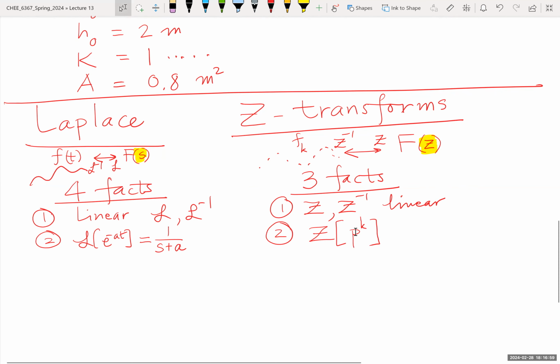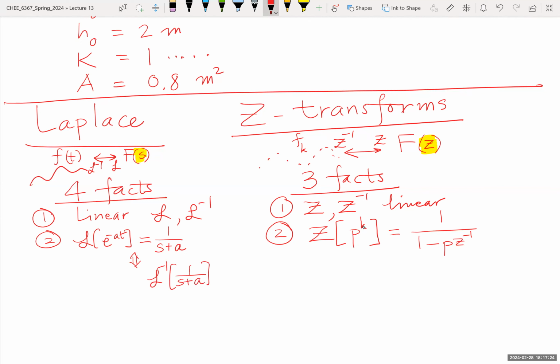So this is P to the 0, P to the first, to the second, third, fourth, fifth power, etc., is equal to, again a fraction, of this form, 1 minus P Z inverse. And of course, this is equivalent to the inverse of this is e to the minus AT.